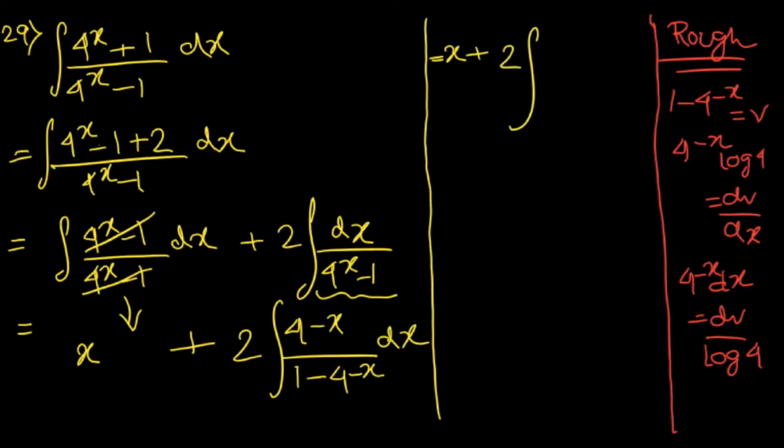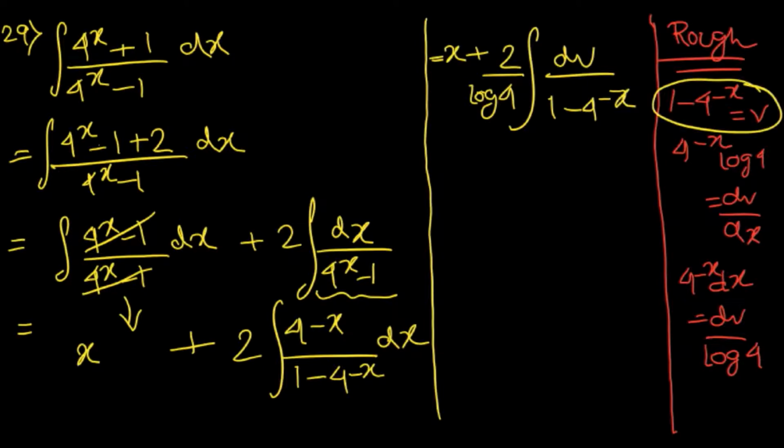2 to the power 4 to the power minus x dx, this whole term is dv by log 4, that is dv, and log 4 is a constant, so log 4 comes out, dv by 1 minus 4 to the power minus x, which is nothing but this v, so x plus 2 by log 4 times the integration of dv by v, obviously.